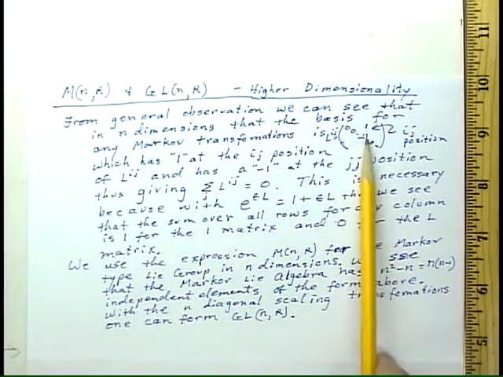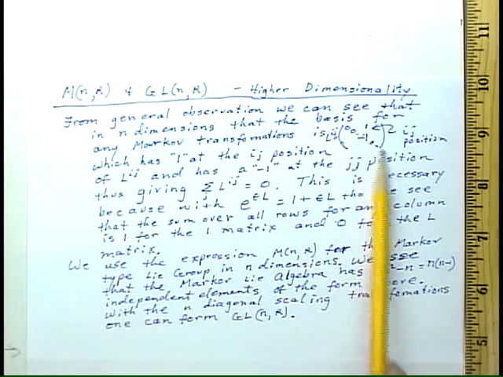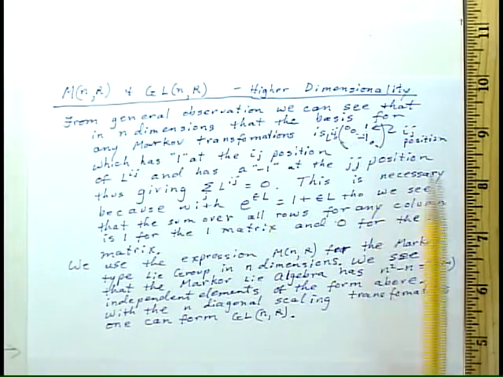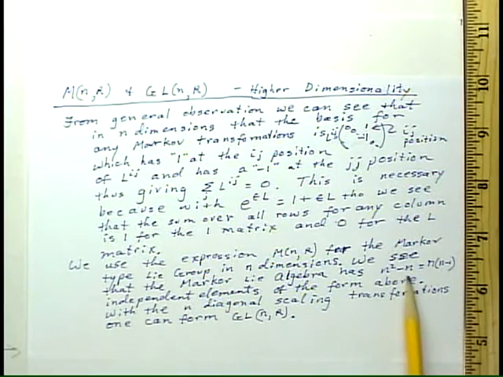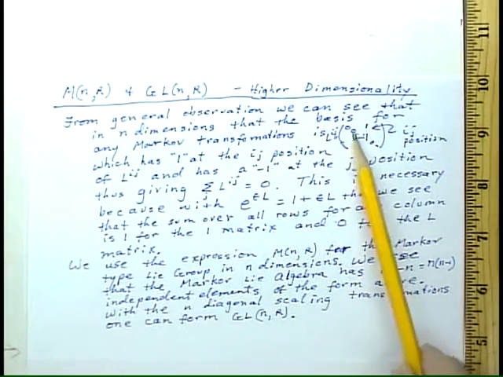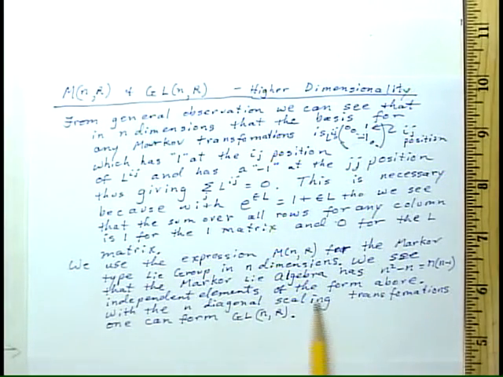So we've got n squared possible places to put it, but we can't put it on the diagonal. So that's n squared minus n, and that's where we get this term here, or n times n minus 1. The rest of those n transformations to make up n squared linearly independent matrices come from putting a 1 along the diagonal, and these are the n diagonal scaling transformations. If I then take all of those matrices, I can form the general linear group in n dimensions over the reals, not just 2 dimensions.